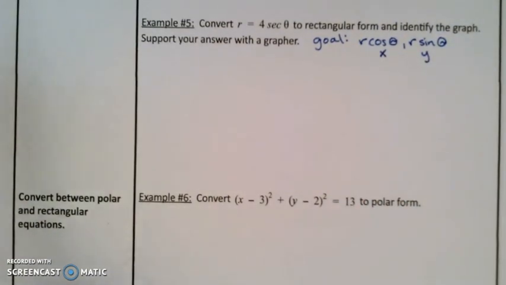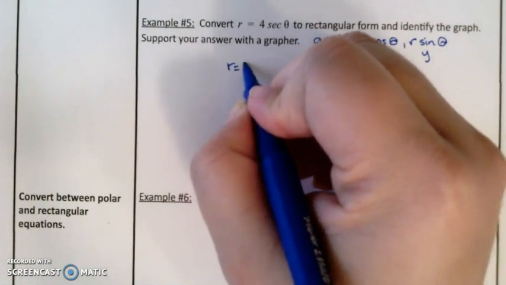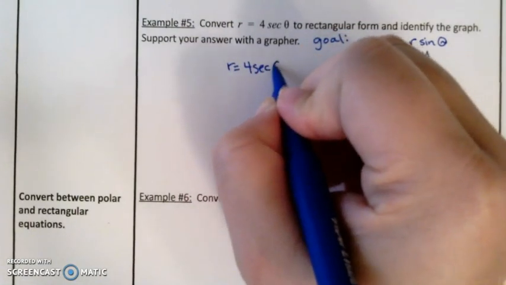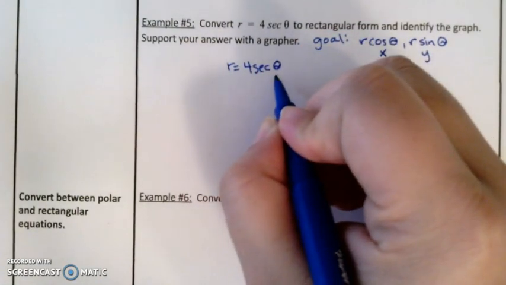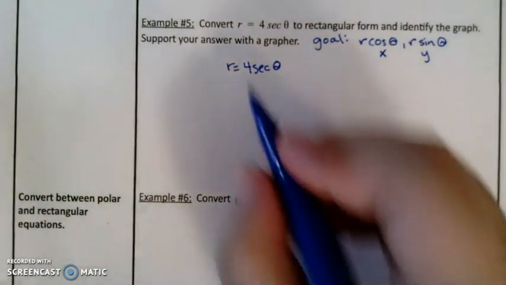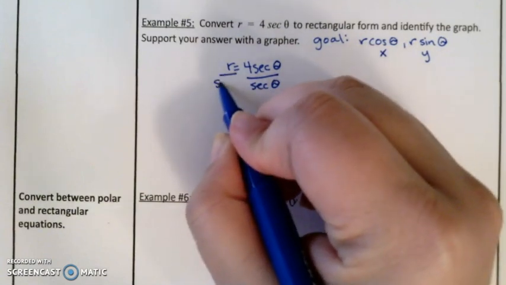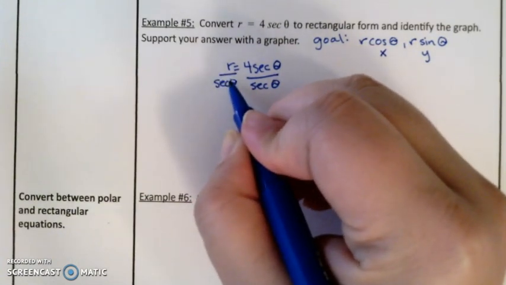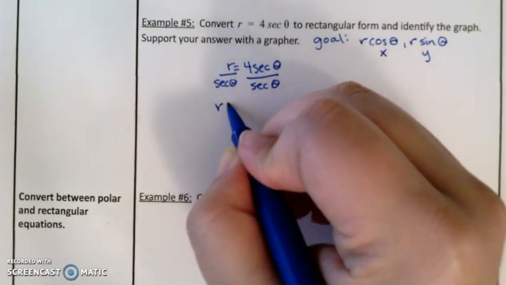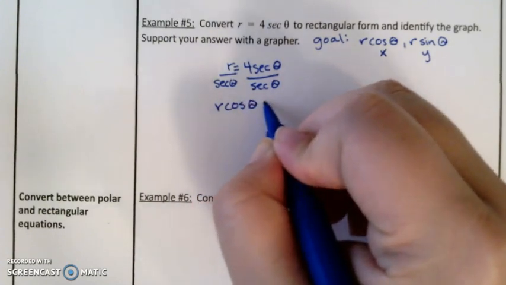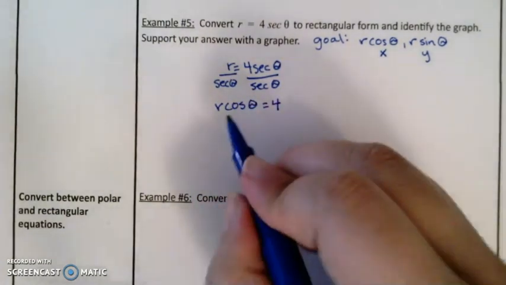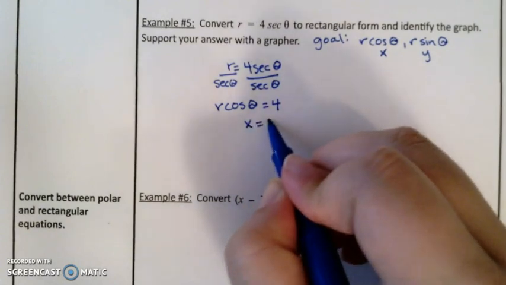Looking at the equation, r equals 4 secant of theta. Secant is 1 over cosine, so if I divide both sides by secant of theta, I can rewrite r divided by secant of theta as r cosine of theta equals 4, which means that this is just x equals 4.